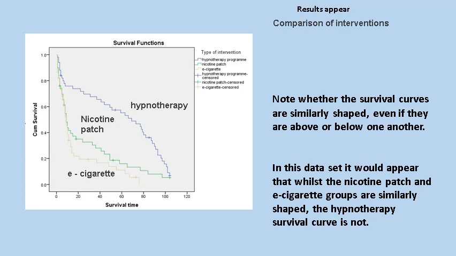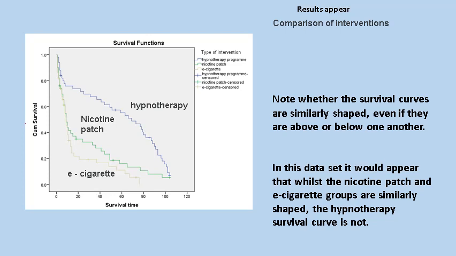Note whether the survival curves are similarly shaped. Even if they are above or below one another, we need to check if survival curves are of similar shape. Here 3 survival curves are there. The blue survival curve is for hypnotherapy, green for nicotine patch, and light green or yellowish green is for e-cigarette.